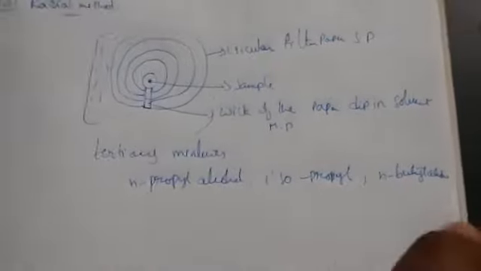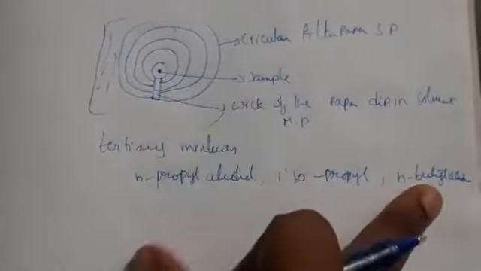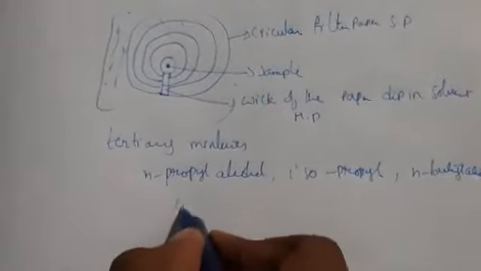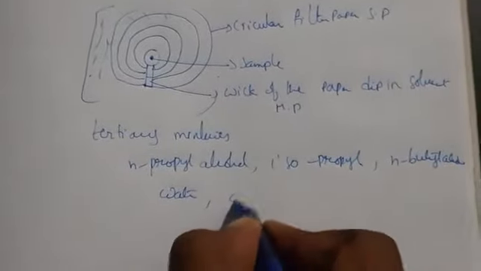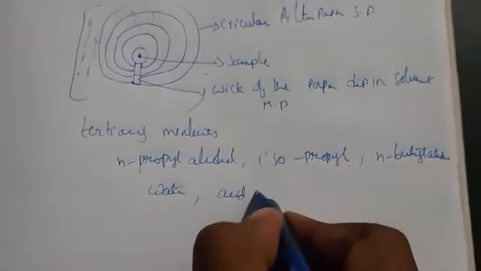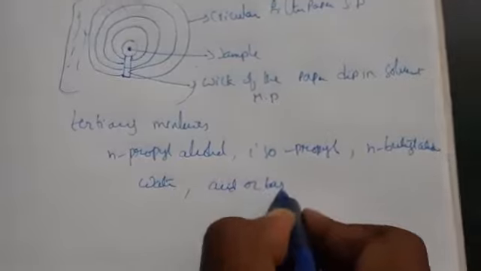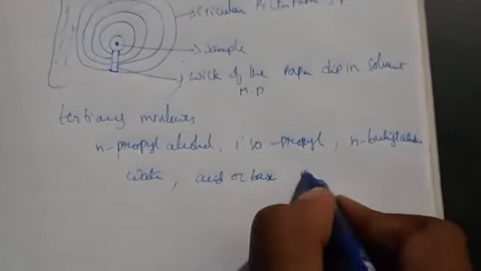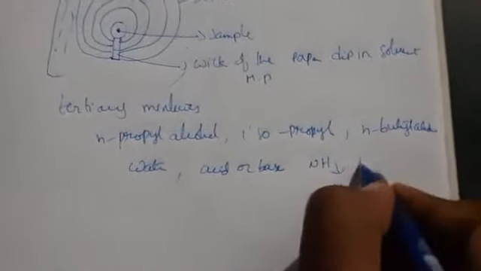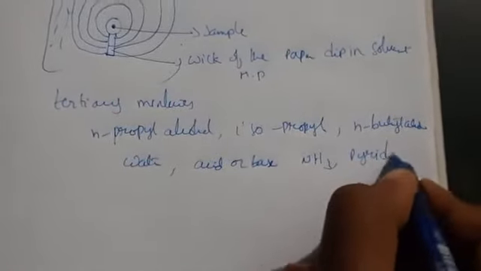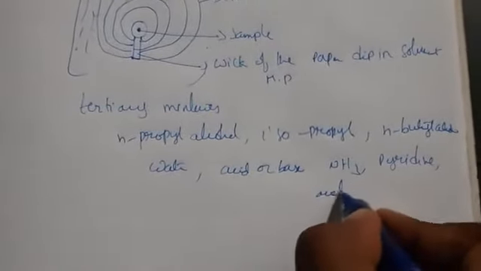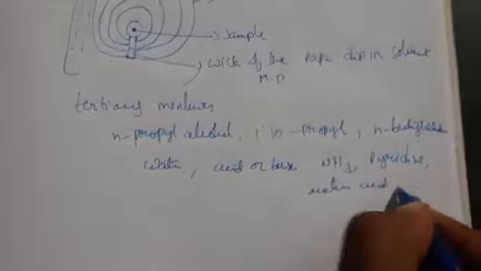So this is what we are going to take. The second component is water, and the third component will be an acid or base, like ammonia, pyridine, acetic acid. So these are the things we are going to take.